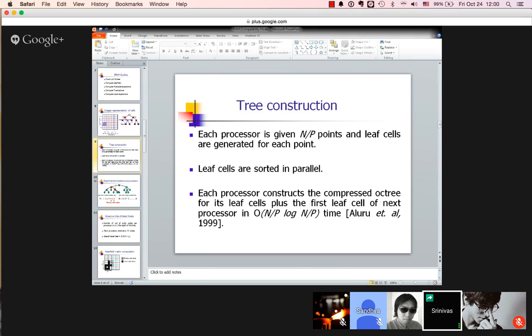As a result of the sort, you again assume that each processor has n over p points, but they are in the sorted order now, the usual sorted order. Smaller ones will be in P0, slightly bigger ones will be in P1, even bigger ones will be in P2, and so on. And within each processor, the n over p points are ordered. Basically, what you have is a Z-space filling or Morton ordering of all the points at this stage.